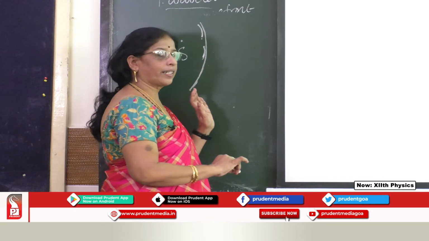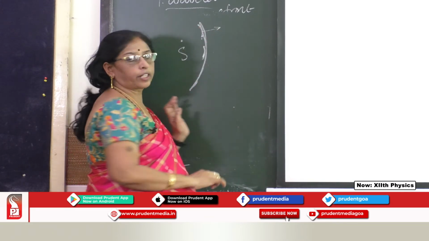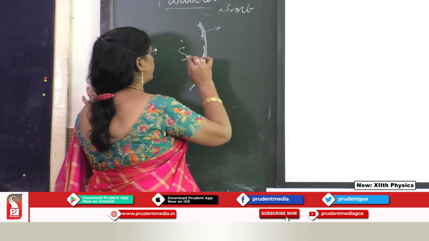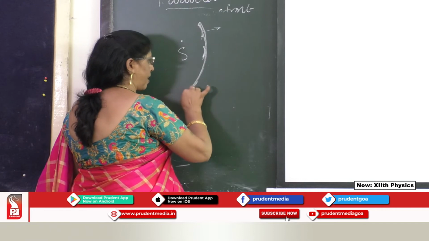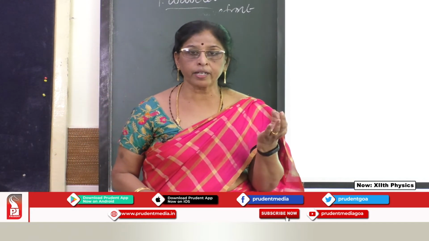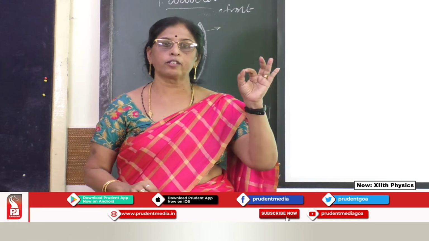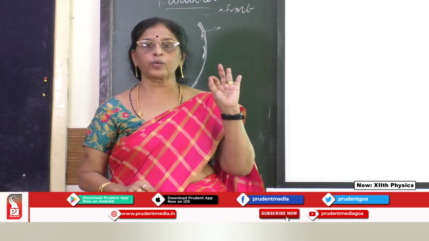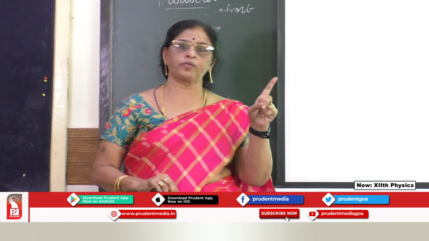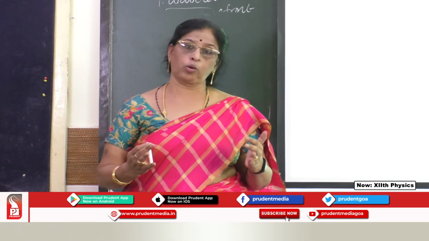So whenever we consider a tangent to it, it is always perpendicular. Okay, it is always perpendicular to it. So now this is the wavefront. This wavefront, we call a primary wavefront. The first wavefront formed from the source S, that we call a primary wavefront. This primary wavefront, he said, each wavefront acts as the source.